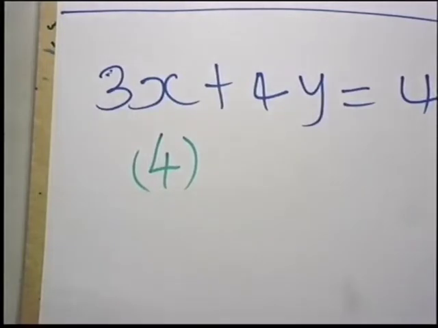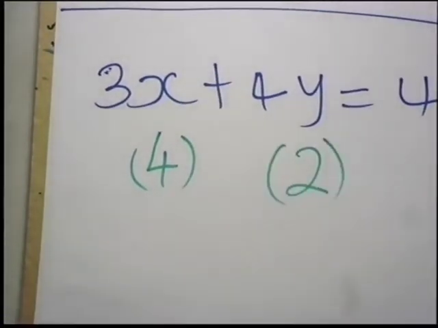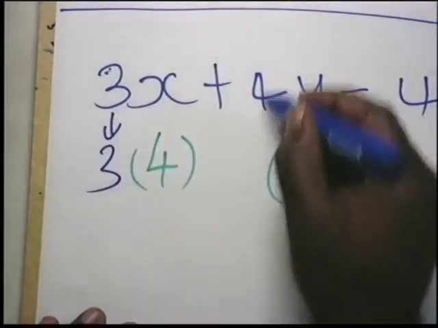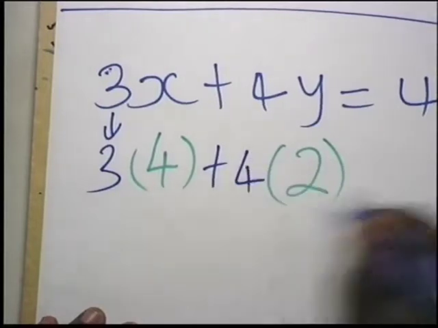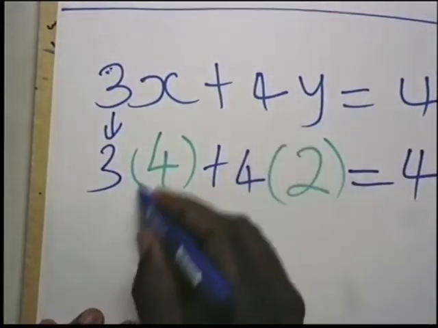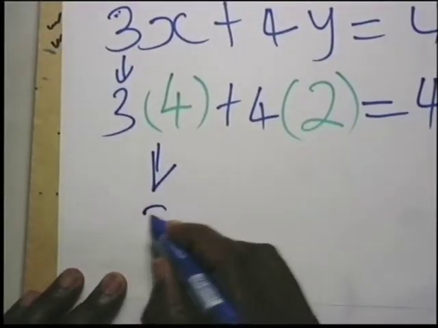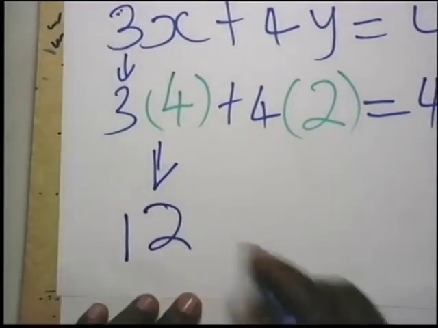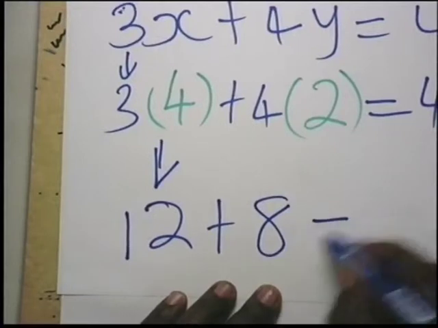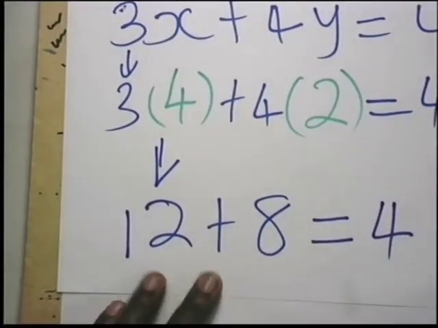Where there is y, we put a 2, and our equation will hold true. We just bring down this 3 here. It becomes 3 times 4, plus 4 times 2. Is it correct? Now, this will give us 12, plus this will give us 8, and this one gives us 4. Right?